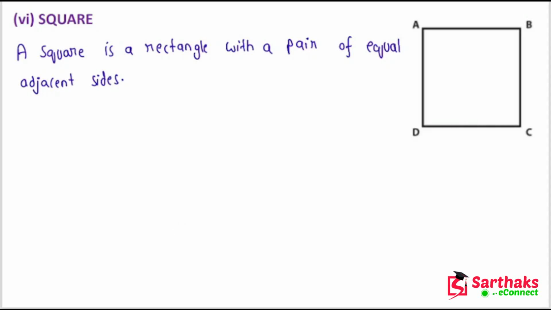Right. So a square is a rectangle with a pair of equal adjacent sides. Okay. So what it means is a rectangle already has all the angles as 90 degrees, which is the prerequisite for a square. Now what we are doing, we are just making sure that all the sides, not only the opposite ones, but even the adjacent sides of a rectangle are equal, and then it would become a square.